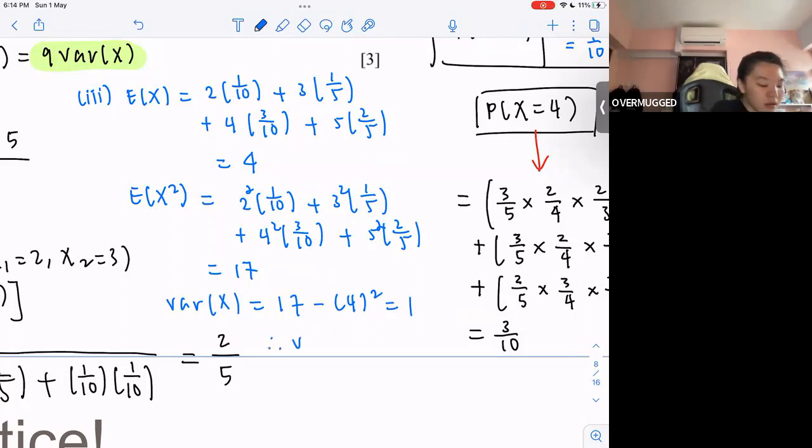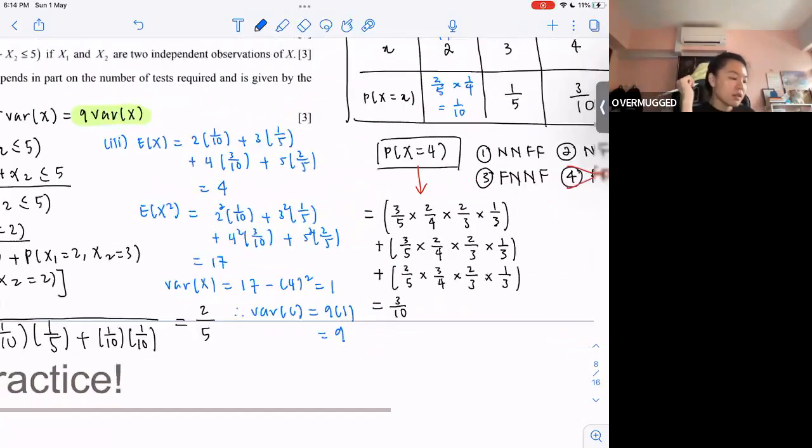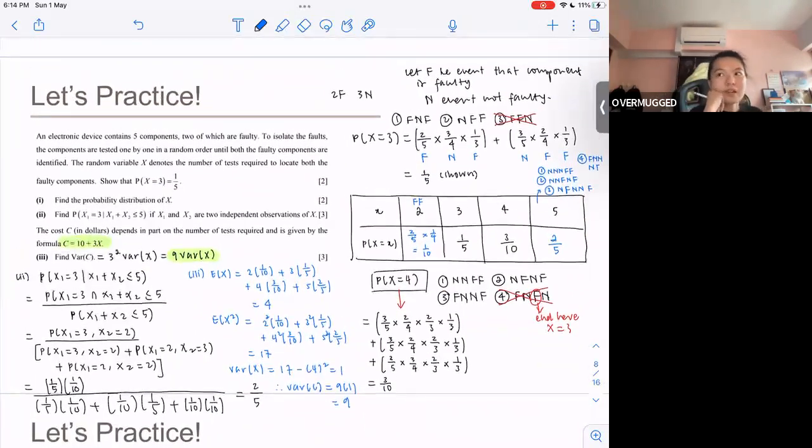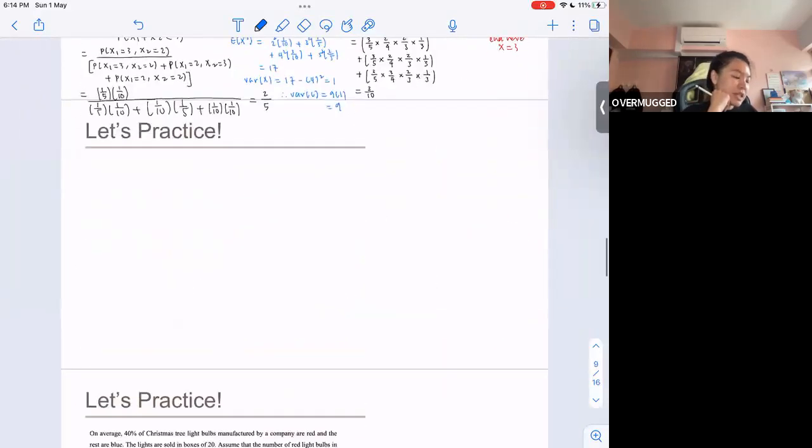Therefore, your variance of C will be 9 times 1, which is just going to be 9 over here. And that would be the end of this question. Super long, right? Oops, sorry. We didn't even need this part.